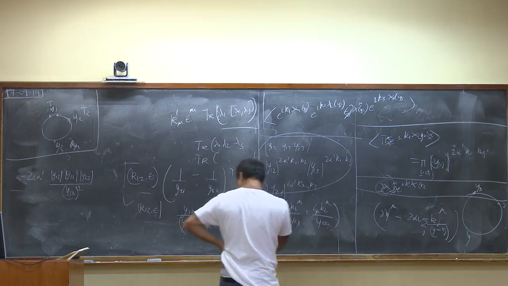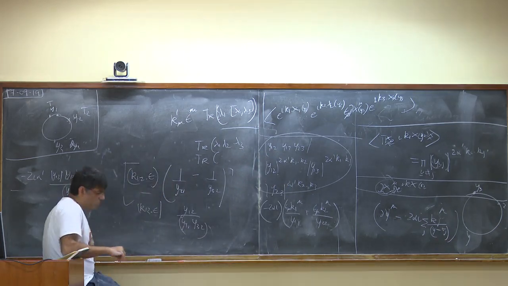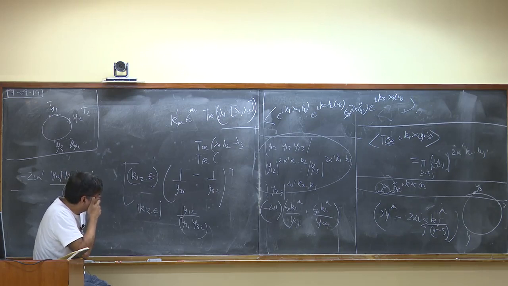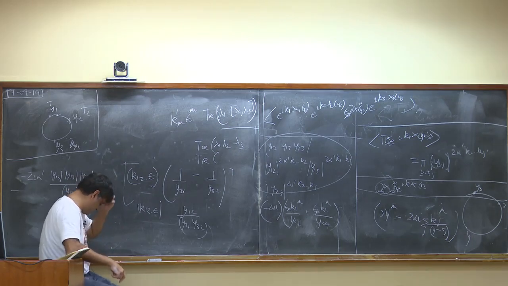Where's the sign? Where is the cyclical ordering mattering at all?